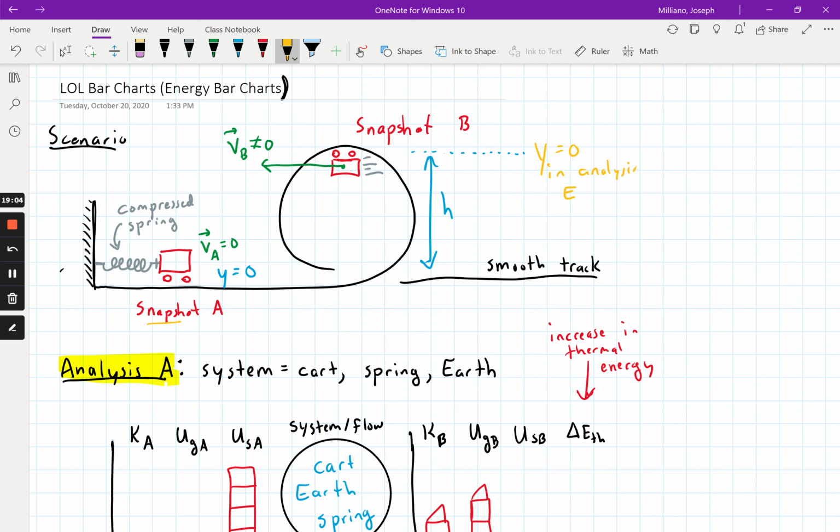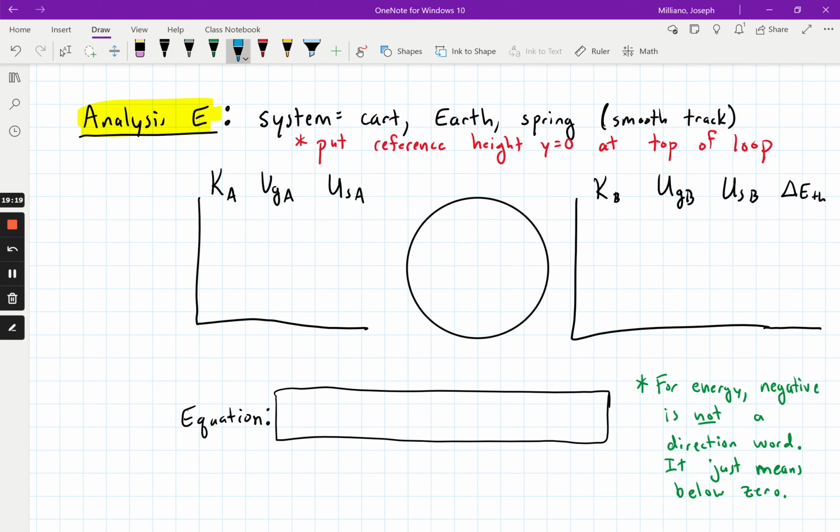And then in snapshot A, the cart is below that reference. It's at a negative height relative to 0. Scrolling on down and back, our system is the cart, the earth, and the spring. The track we can ignore because it's smooth. You don't need to include it if there is no friction.